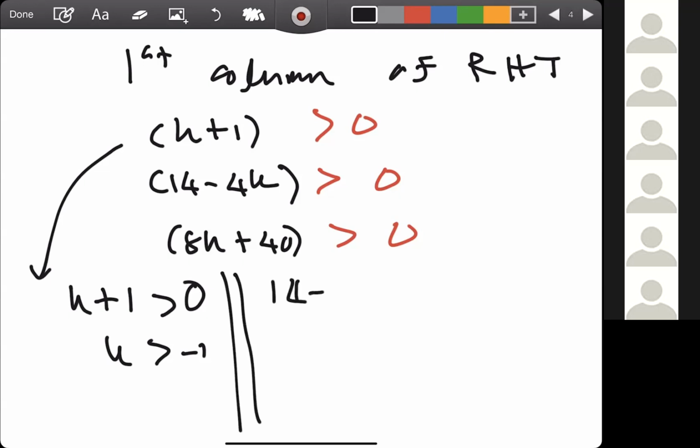K greater than 0. Simplify, so we will get K less than 3.5.